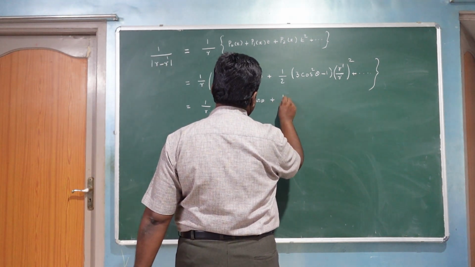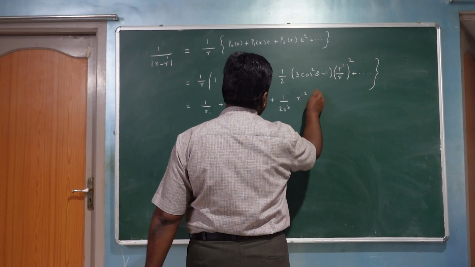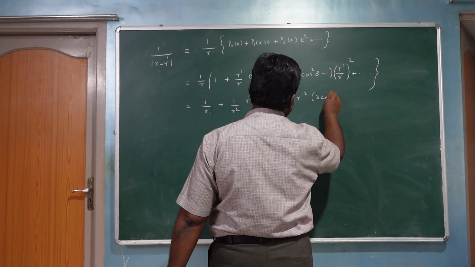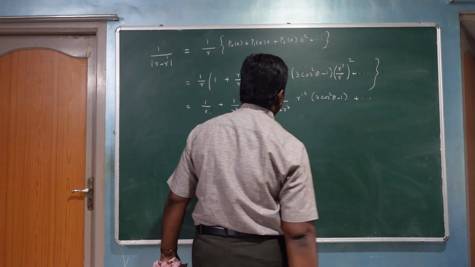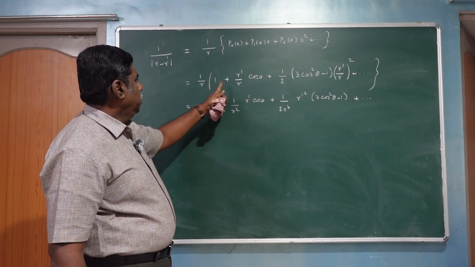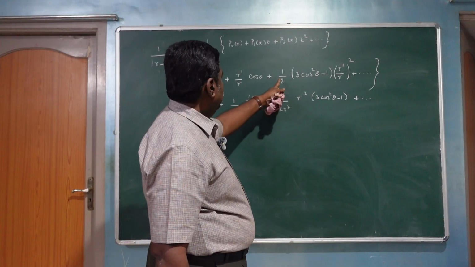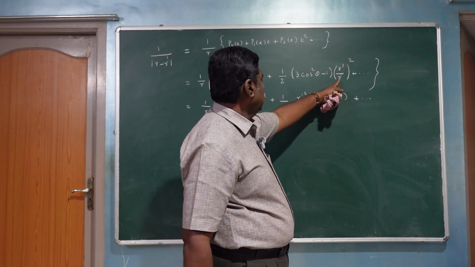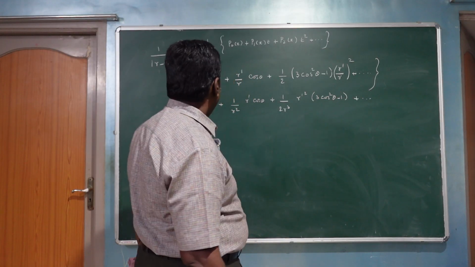And the third term is 1 divided by 2 r cube r dash square (3 cos square theta minus 1).